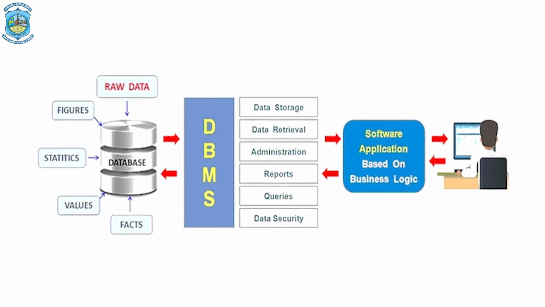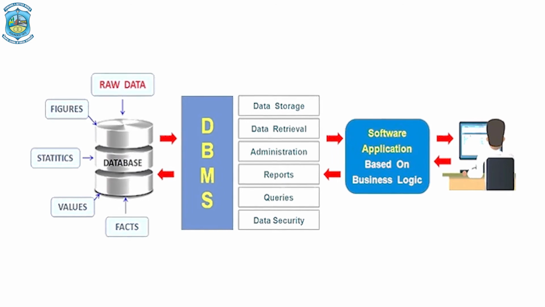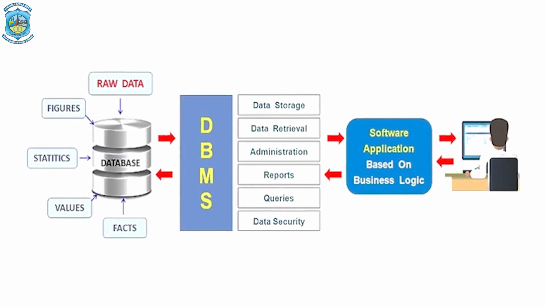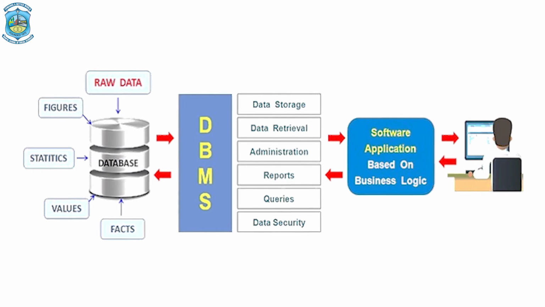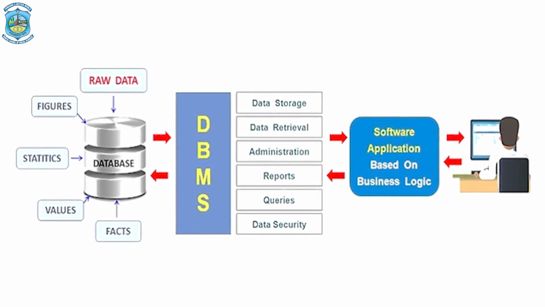This is a brief diagrammatic representation of a DBMS system. A DBMS acts as an interface between the actual storage, that is the database system, and how a user accesses that system using a computer mechanism. That means there is a hardware as well as a software interface.